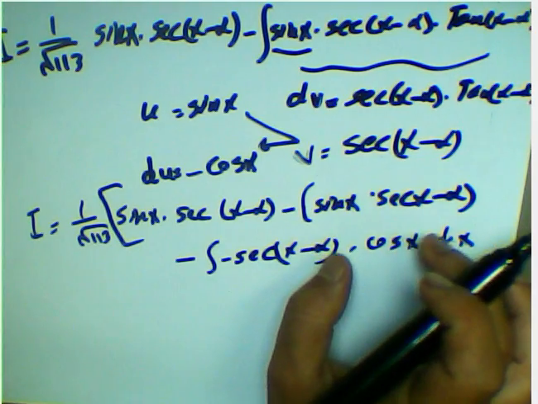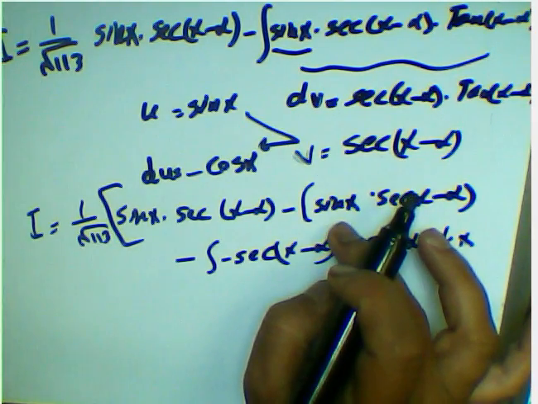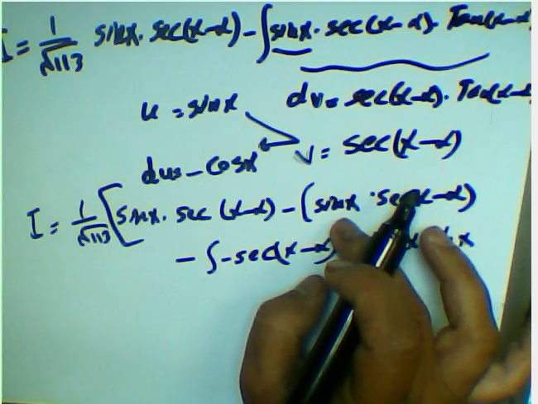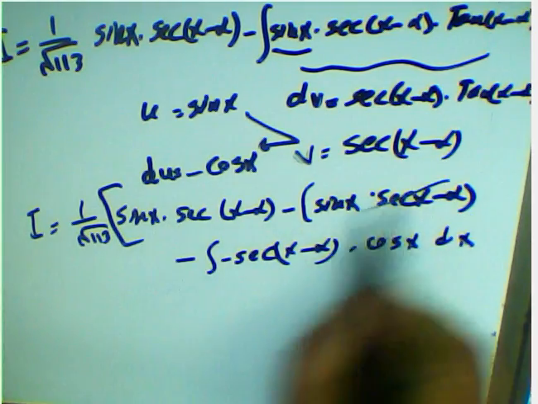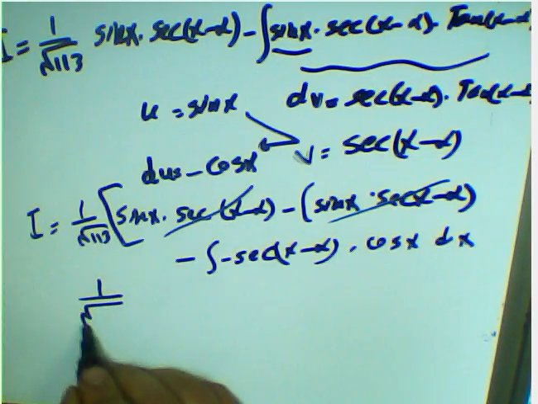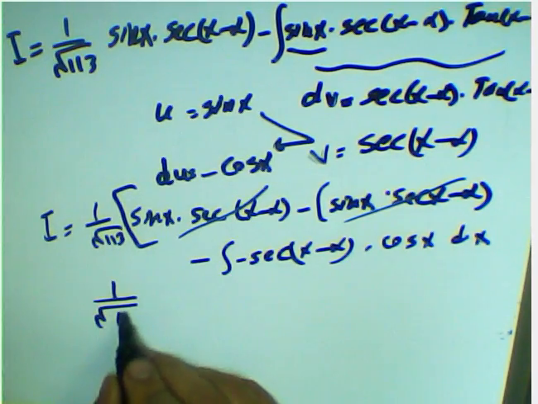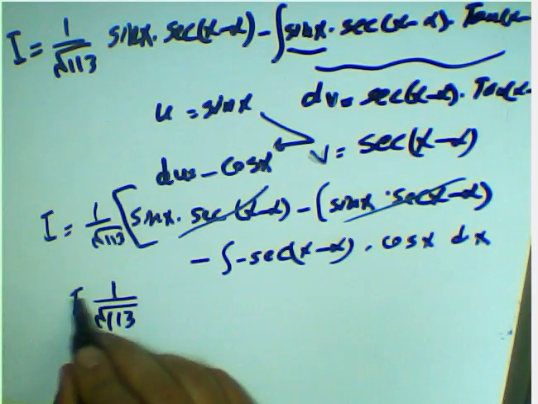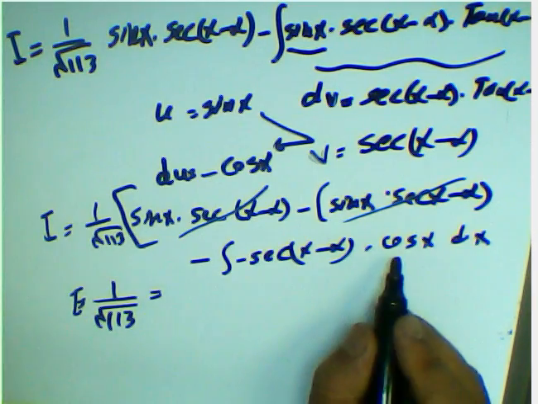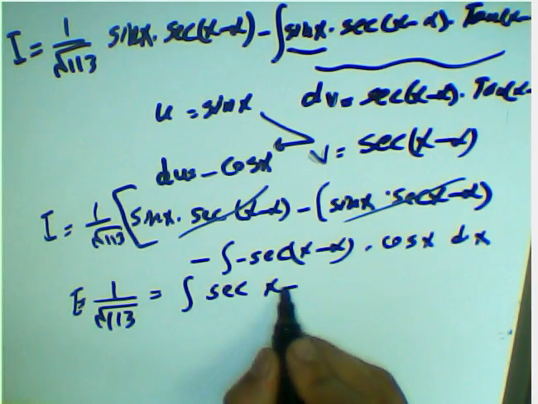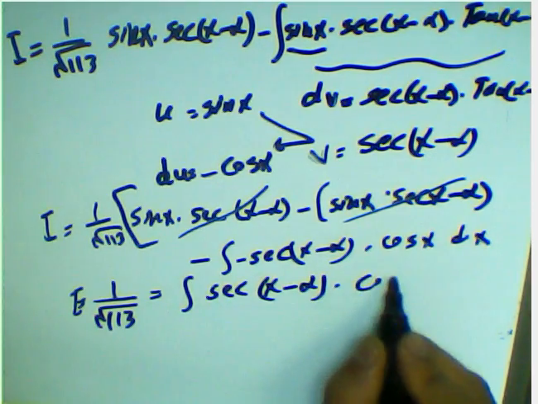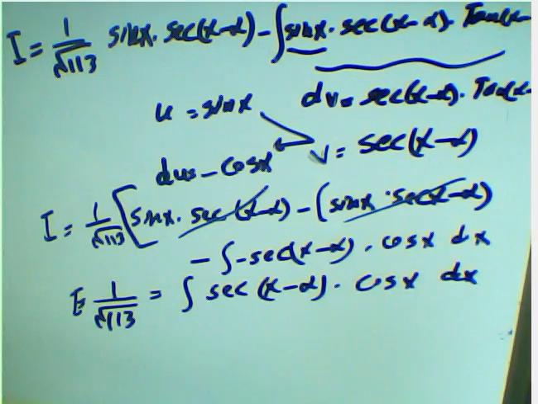This function here, negative sine x sec x minus alpha, we can cancel them, and write 1 over root 13, negative times negative equals positive, the integration of sec x minus alpha times cosine x dx.